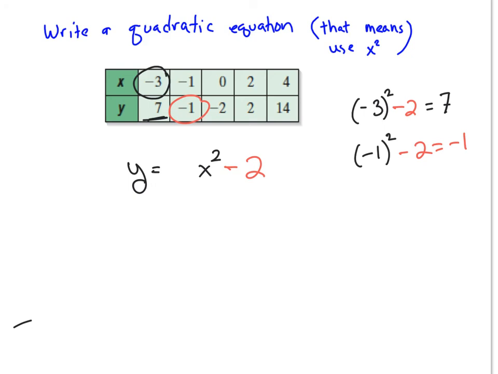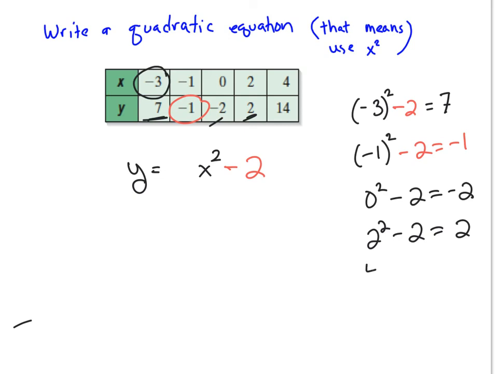Well, -1 squared is 1, minus 2 is -1. If I put 0 in, 0 squared minus 2 does give me -2. 2 squared minus 2, 2 squared becomes 4, and 4 minus 2 is 2. So everything is good to go.